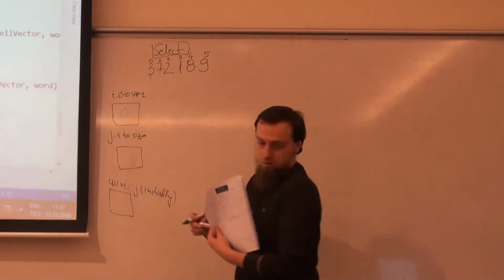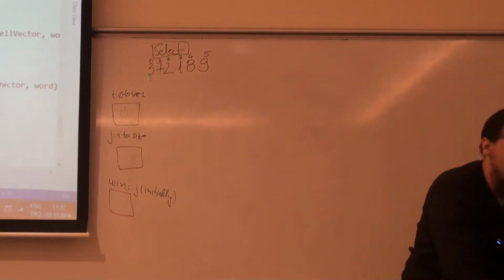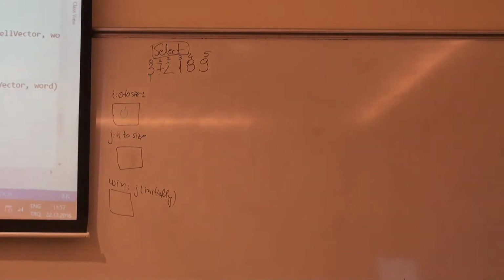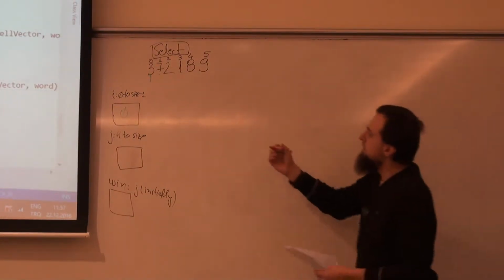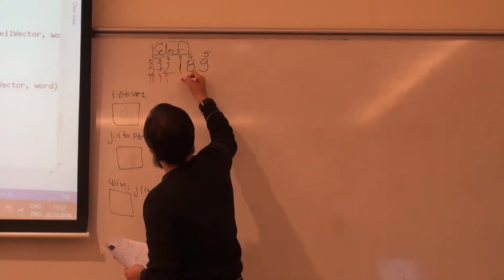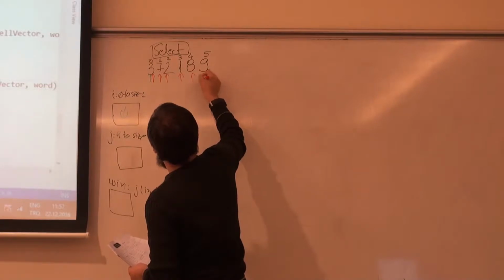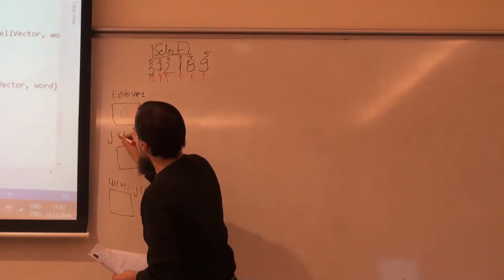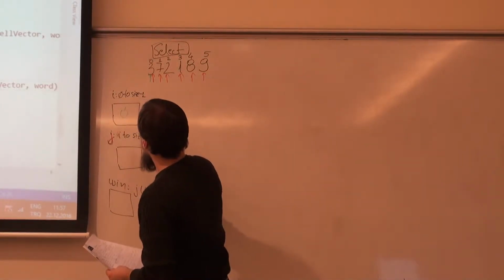Let me write it in red. This is for j. j goes here, then here, then here, and checks all of them, but for one i.